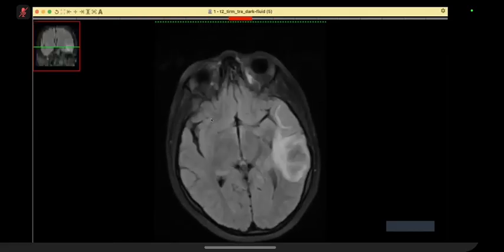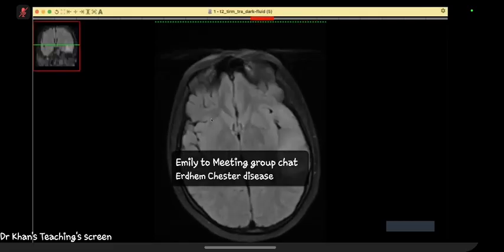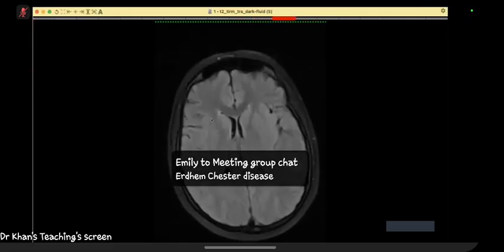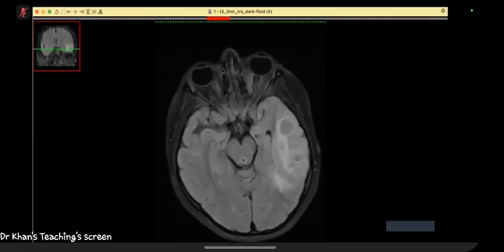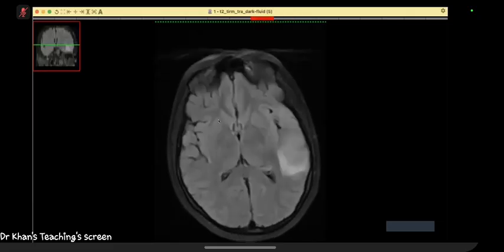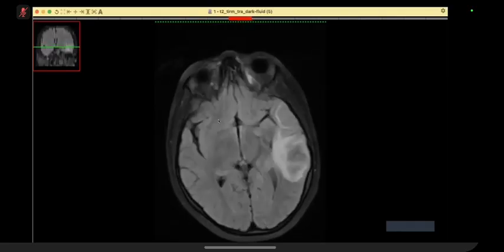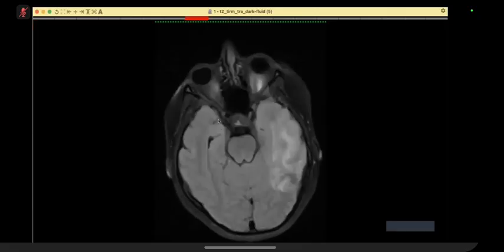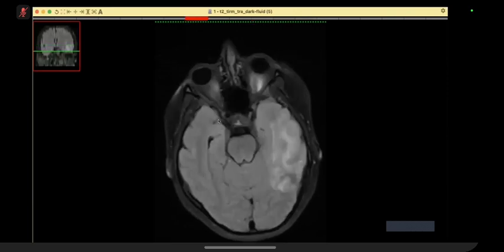This lesion is causing mild edematous changes in the adjacent brain parenchyma with effacement of the left lateral ventricle, and also causing effacement of the temporal horn.